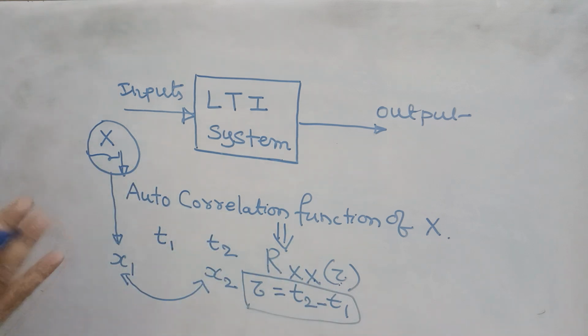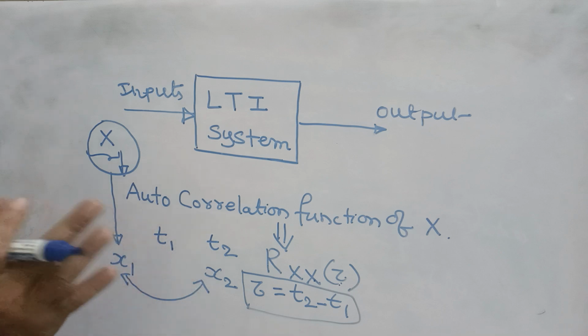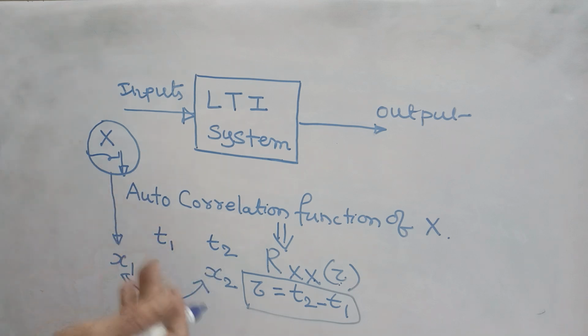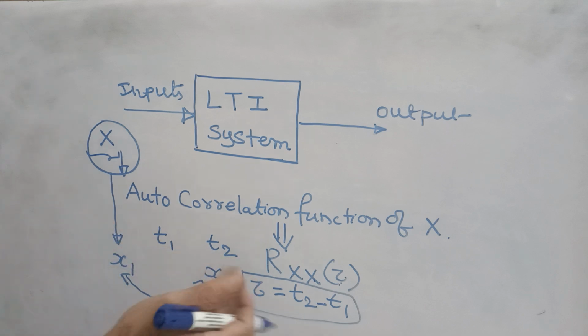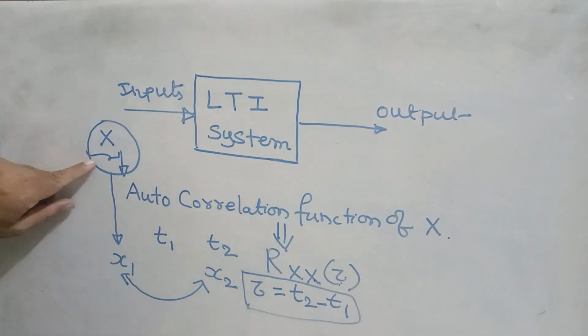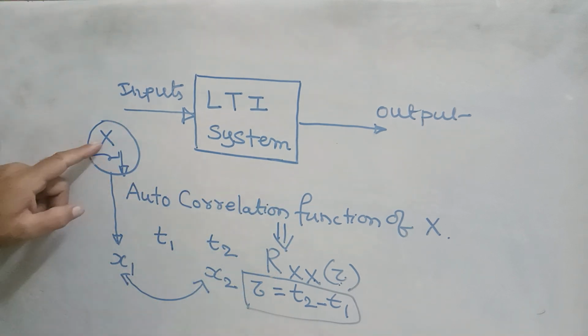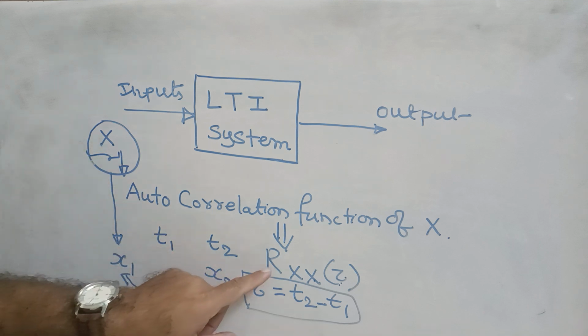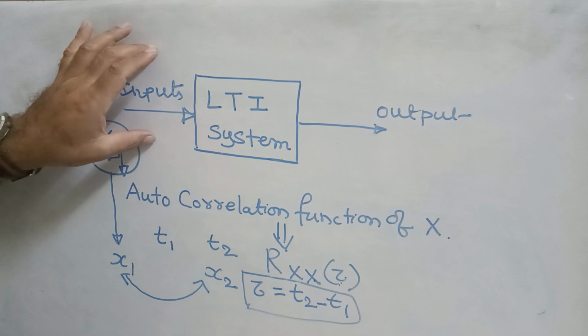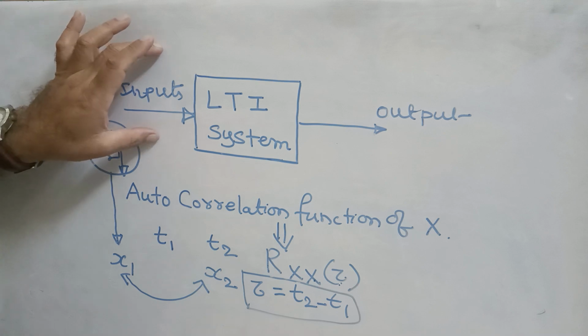For the time being, just focus on this alone. In subsequent presentations, we will see these parameters in more depth. Therefore, the autocorrelation function of the random variable x can be defined as R xx of tau. That is my autocorrelation function at my input side.